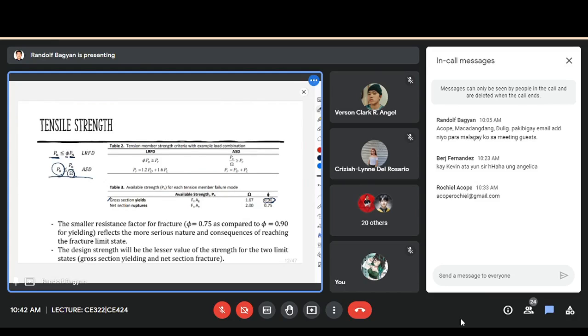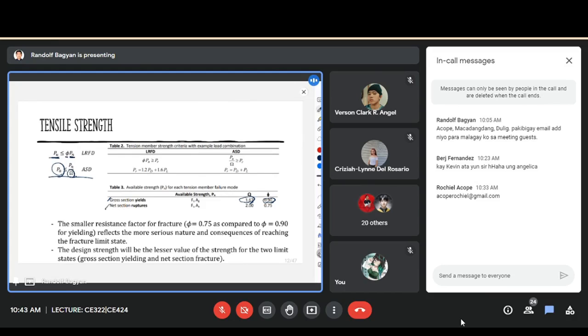So that, diba, sa gross section yielding, sinasabi, ang ating omega daw ay 1.67 lang. Okay? That's 5/3, or 1.67 yung gamit natin.